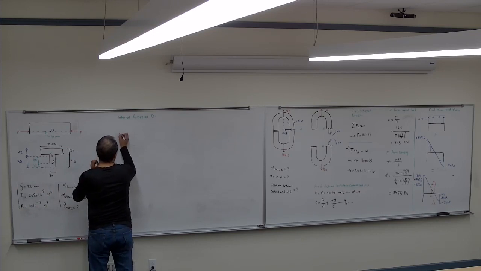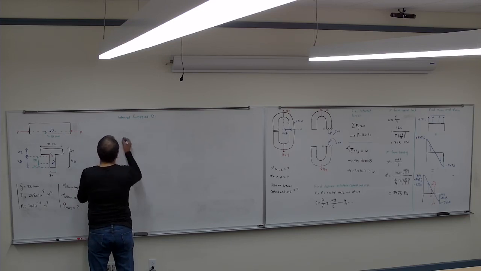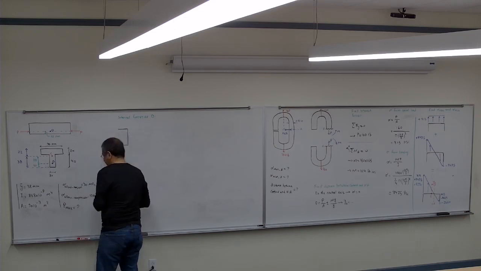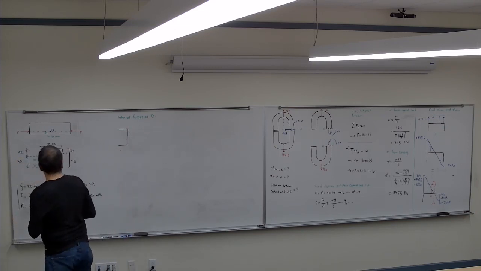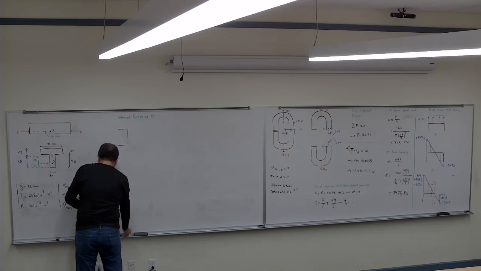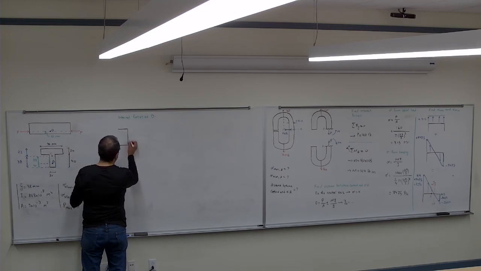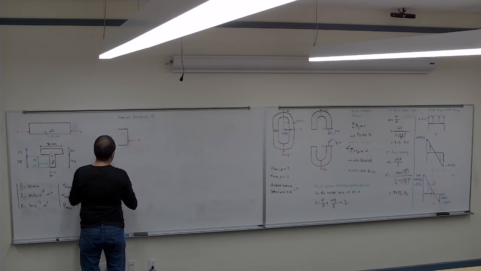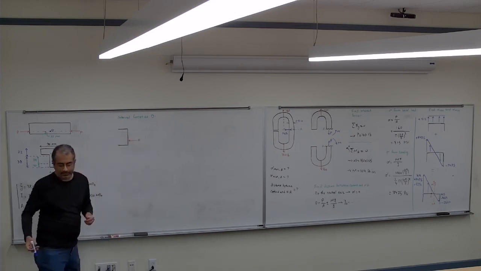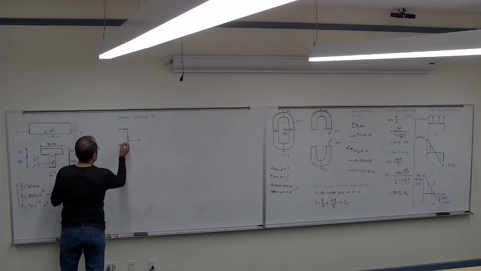So the cross section, cutting it there, I know the internal force is going to be P here, passing through that point, through the point D.